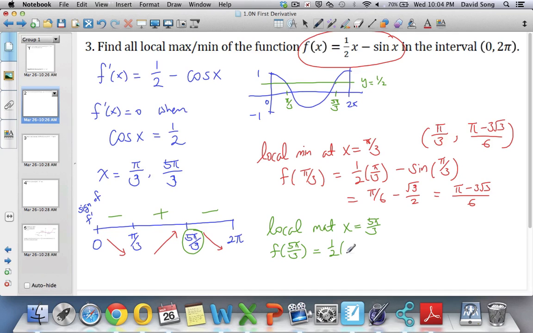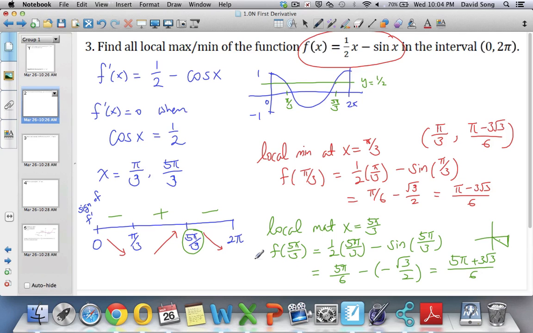That's 1/2 times 5 pi over 3 minus sine of 5 pi over 3. Okay, that's 5 pi over 6 minus sine of 5 pi over 3. Well, it is right there. That angle is pi over 3, and you're going negative, so it's going to be minus square root of 3 over 2. So you end up adding them, but I'm going to combine them and make it 5 pi plus 3 square root of 3 over 6.